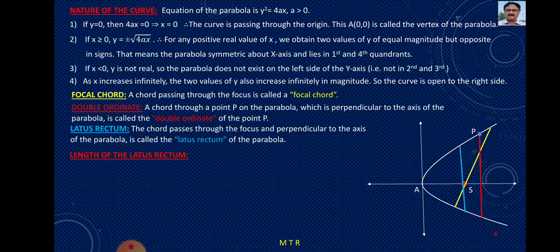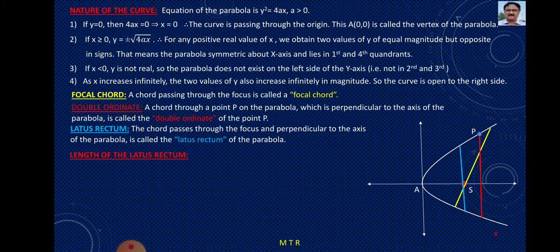This is also a focal chord, but it passes through the focus and is perpendicular to the axis, so it is called the latus rectum. The latus rectum is a focal chord because it passes through the focus, but it has another property: it is perpendicular to the axis.